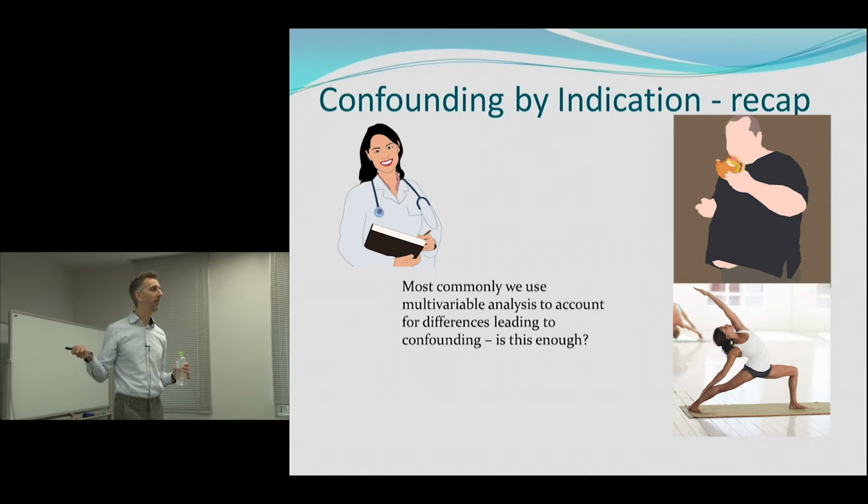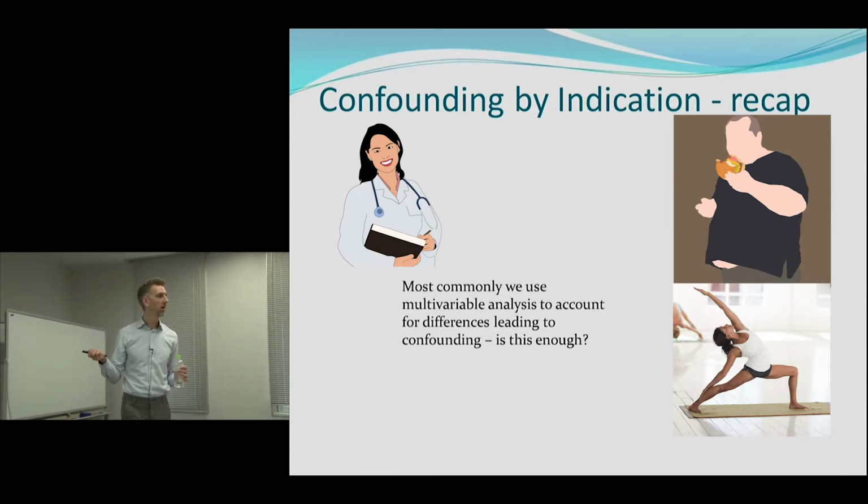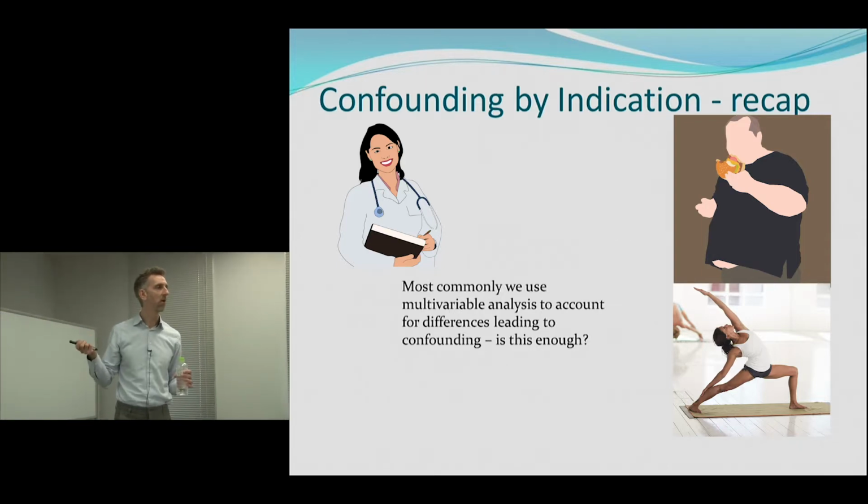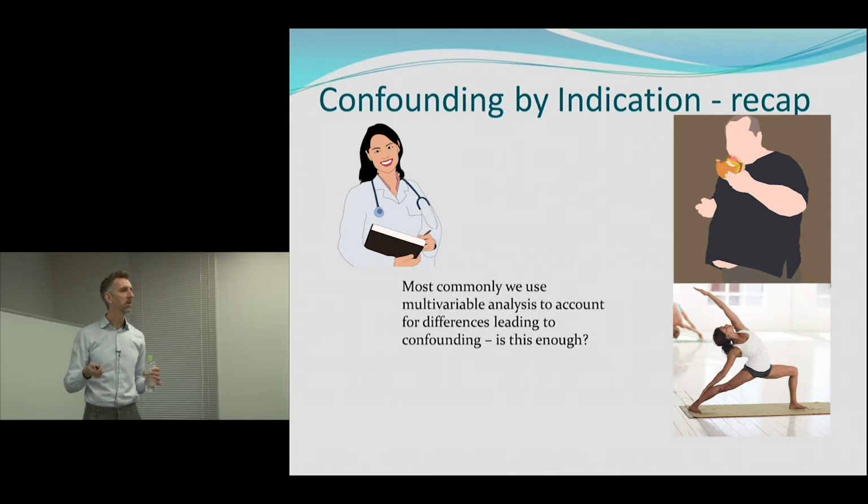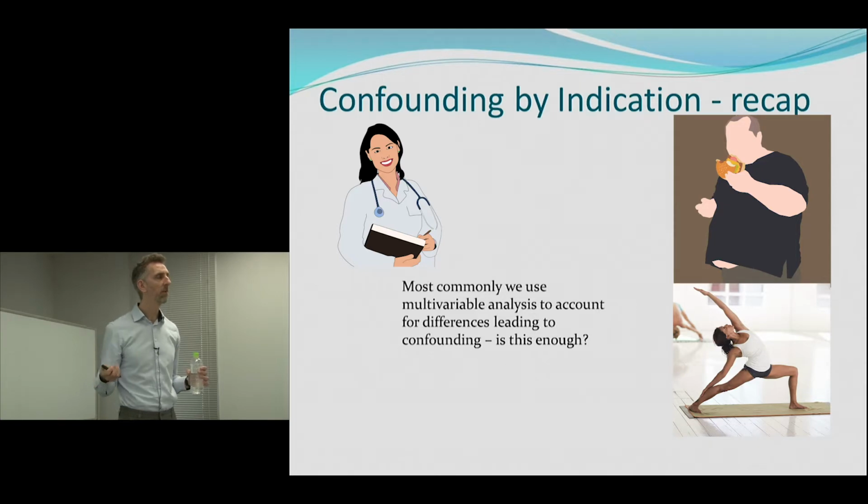On an individual level, we would all know not to compare him with her and assign differences in outcomes to his statin. If we wanted to look at the effect of statins, we just would not compare him with her. But what if our statin group are just a bit more like him and our no statin group are a bit more like her? I think it would be difficult to know just by looking at the data that this is the position we're in. So I think confounding by indication is probably the biggest of all the problems we have in pharmacoepidemiology.